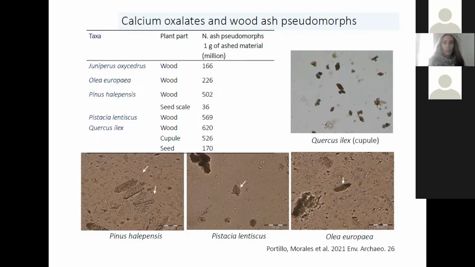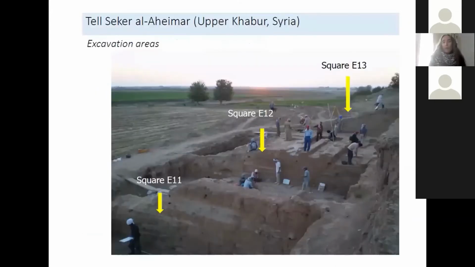fuel use, in a site where macro remains, wood charcoal remains, are scarce or even absent. As an example, let's go back to the same site, Sekera Heimar in the Upper Habur, where we did the ethnographic work and the collection of the modern materials.